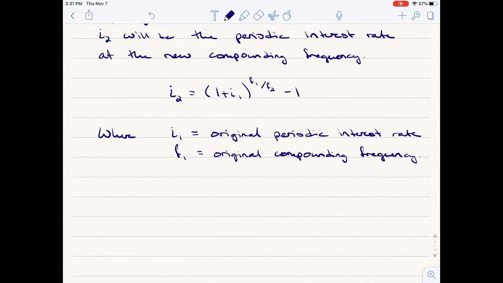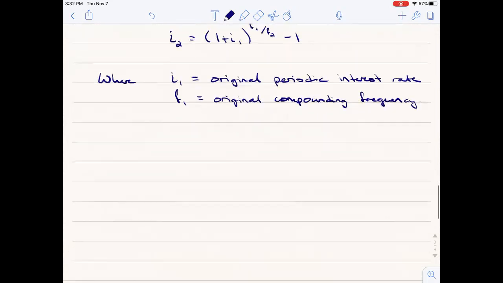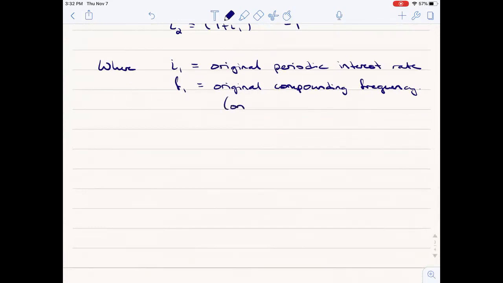If you're thinking about when we were using the calculator, you probably didn't get too comfortable with it yet. But remember that we had the C per Y, the compoundings per year, and also P per Y. That P per Y would be our F2. So in brackets on our calculator, F1 is the compoundings per year.